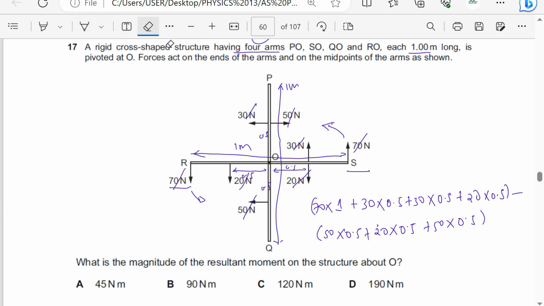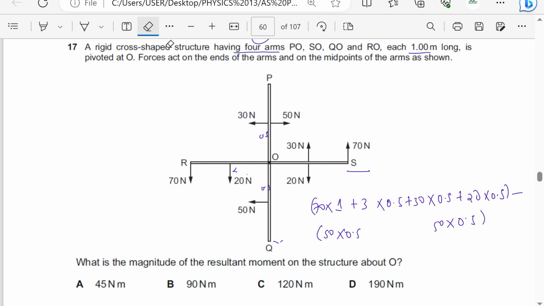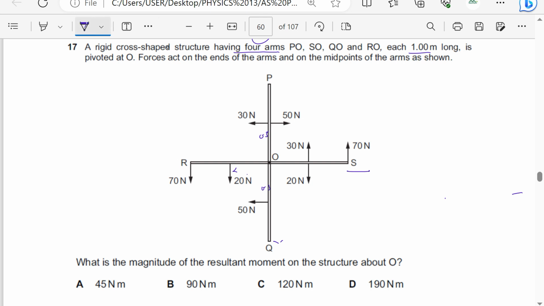Okay, let me repeat this. Let me distinguish the moments clearly. Let me start with clockwise moments.